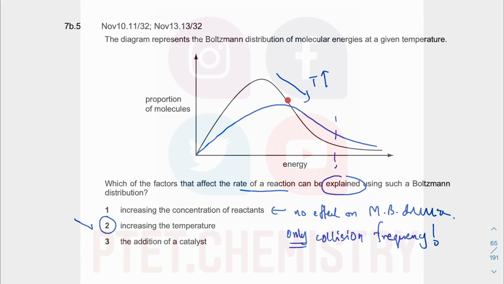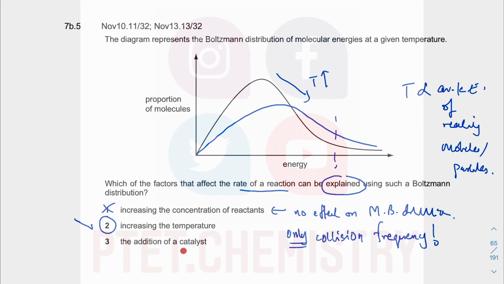We supplement it by invoking the idea of distribution of energy and relating temperature to the average kinetic energy of the reacting molecules or reacting particles. That is how you explain it in the theory paper. You can watch the topical playlist on some of the rate of reaction topics from AS to see how I explain it. So 1 is definitely wrong.